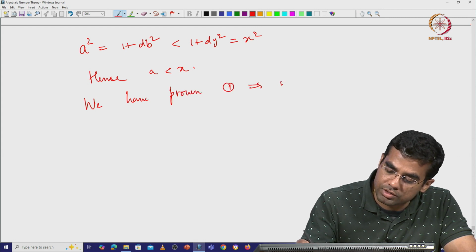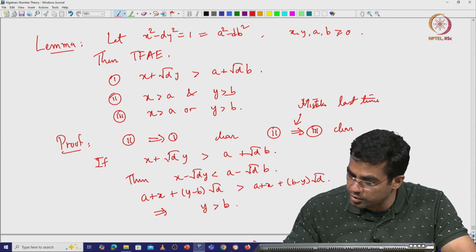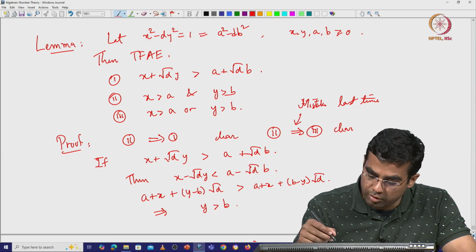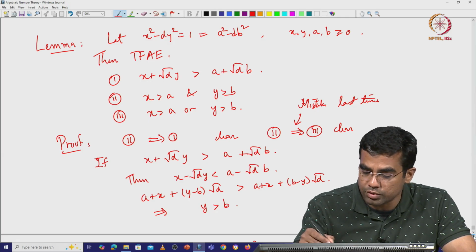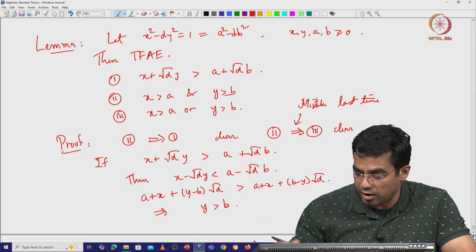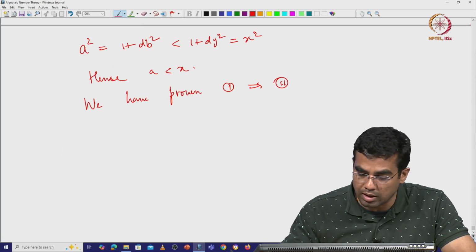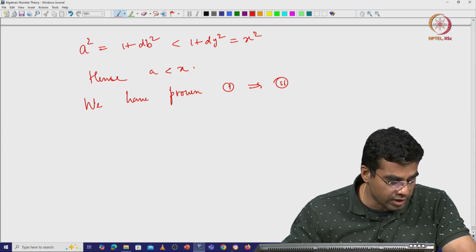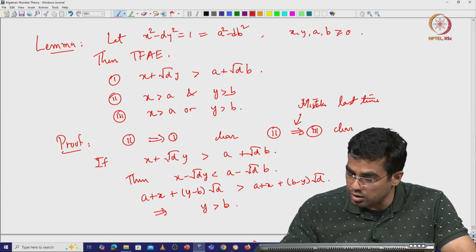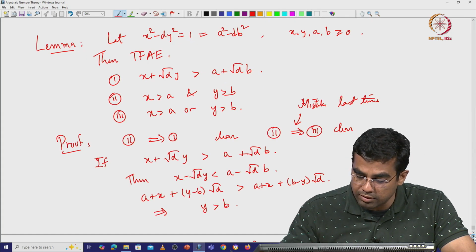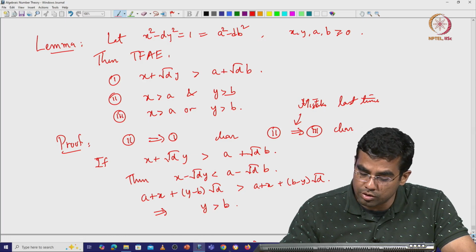So, we have proven 1 implies 2, right, because I assumed that x plus square root of d y is bigger than a plus square root of d b, and I have proven that y is bigger than b and x is bigger than a. So, I have proven 1 implies 2, and so I get that 1 is equivalent to 2.